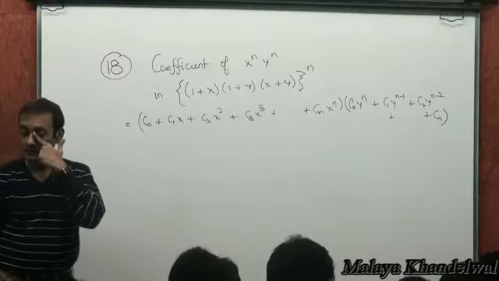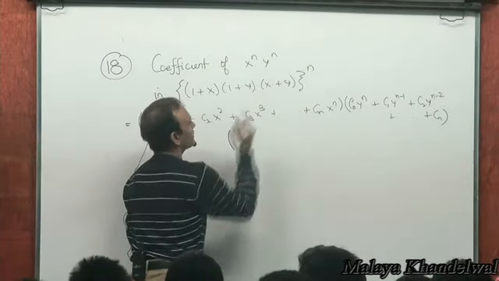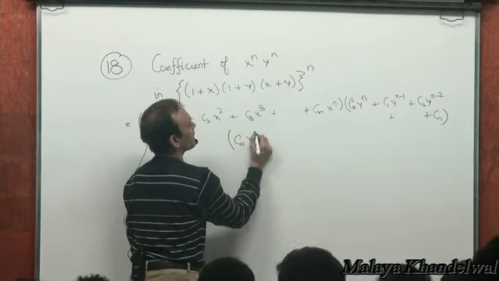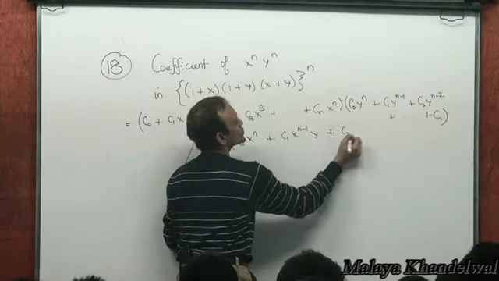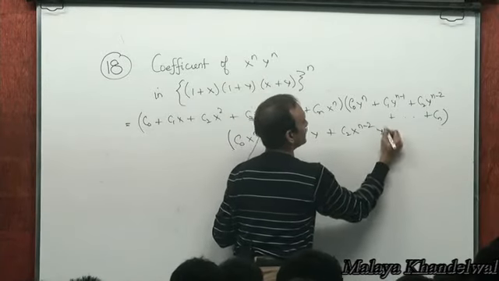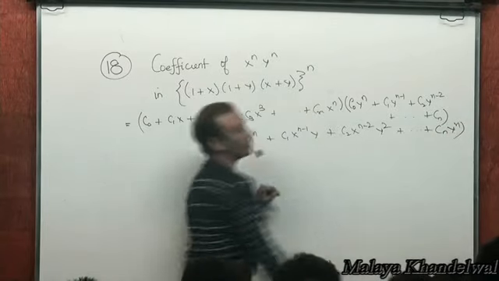That's the expansion of the second one. And then this is c0 x power n plus c1 x power n minus 1 y, c2 x power n minus 2 y squared, up to cn y to power n. Yes or no?